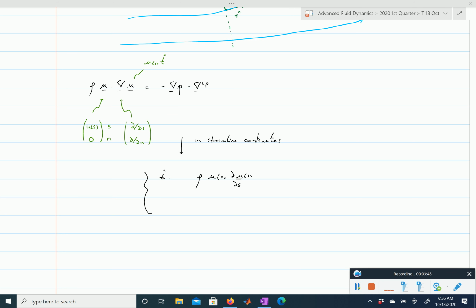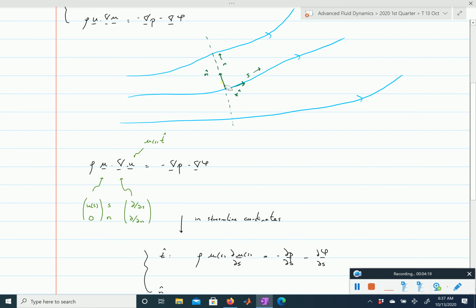Now this term clearly looks like your inertial term, and this is really this term projected onto the streamwise direction, and that is going to be equal to minus partial p partial s, so the gradient along the s direction, minus partial phi partial s. Maybe there is nothing too surprising here. We'll discuss later on what this equation really represents, and then you have an equation along the normal direction.